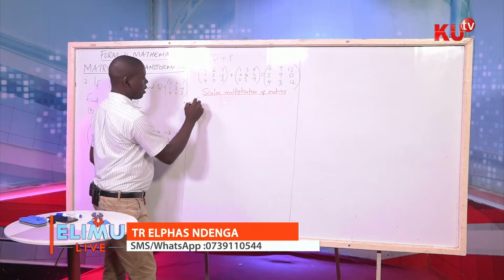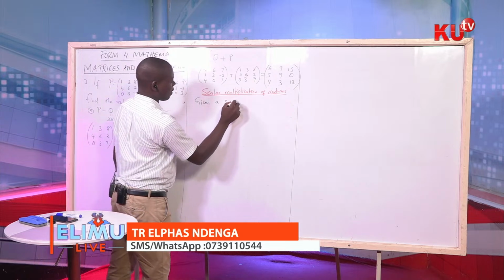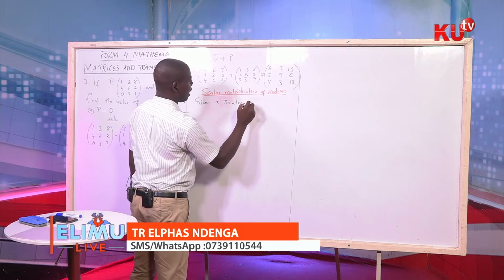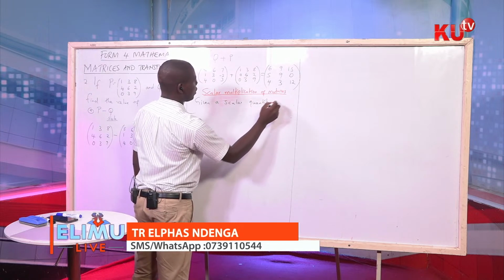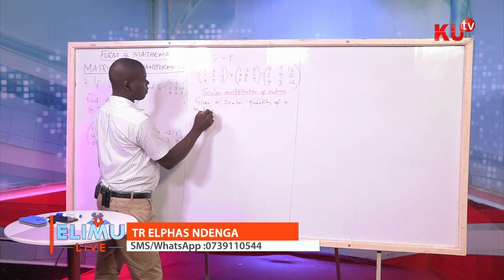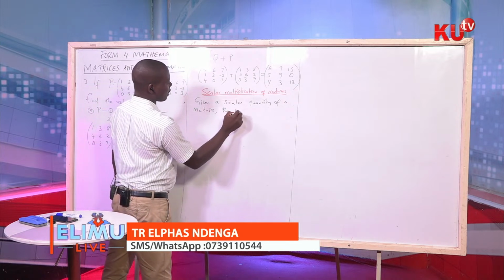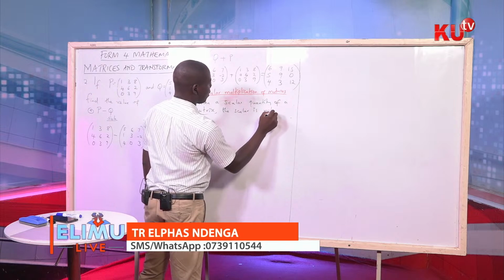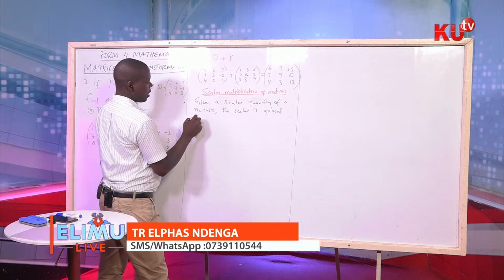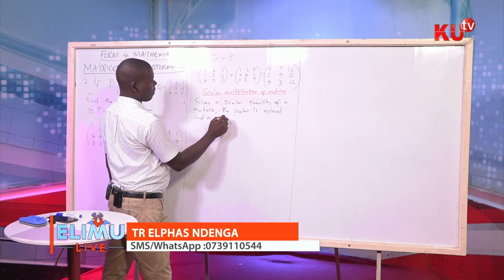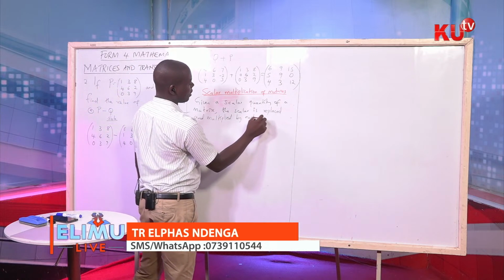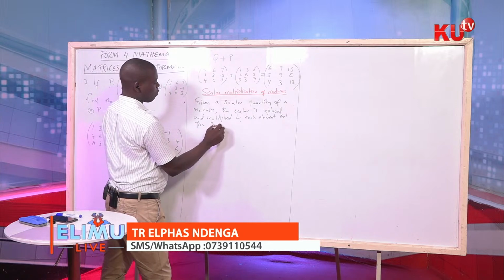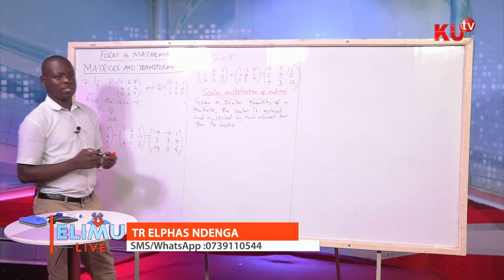What I mean is, if you are given a scalar quantity as a multiplier of a matrix in this case, the scalar is multiplied by each element that forms the matrix.